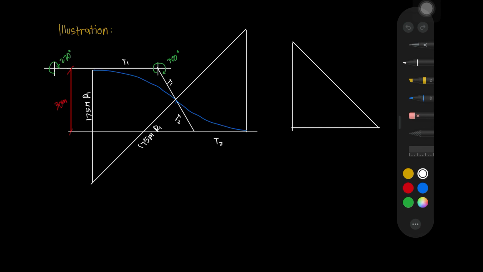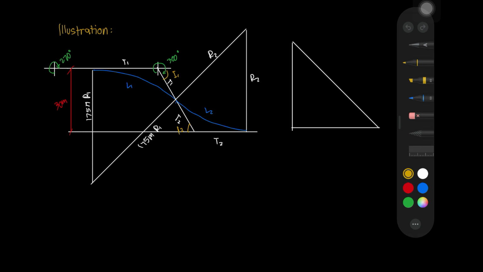So we have 175 meters as our first radius, and this blue line is our curve, L1 and L2, which makes this line our R2. Let's not forget our central angle, I1. This is I1 and this is I2.